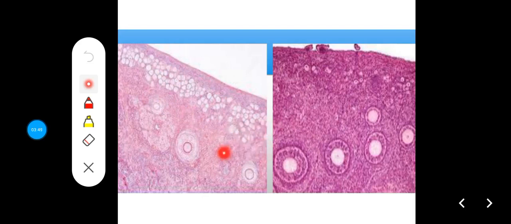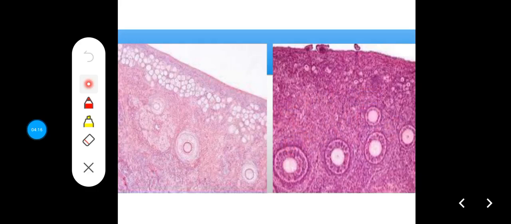And you can see numerous primary follicles here. The primary follicle does not contain an antrum; the antral space is not found in the primary follicle. So this is the primary follicle. Now this is the stroma, and all this is the cortex.